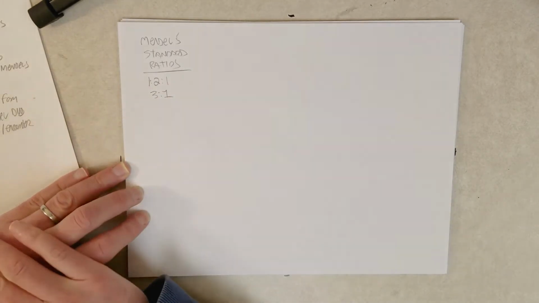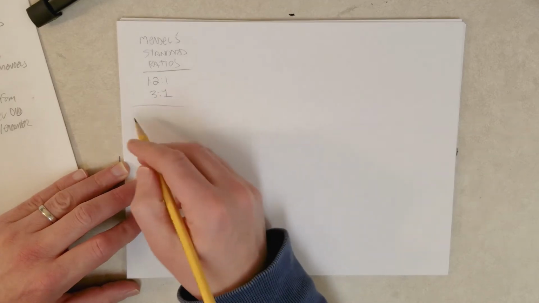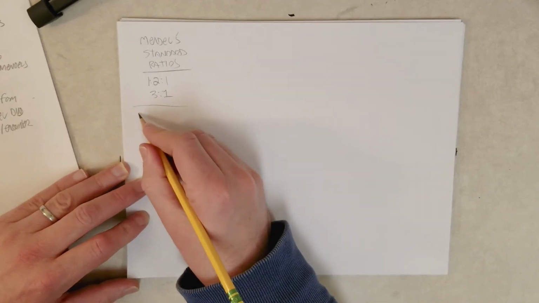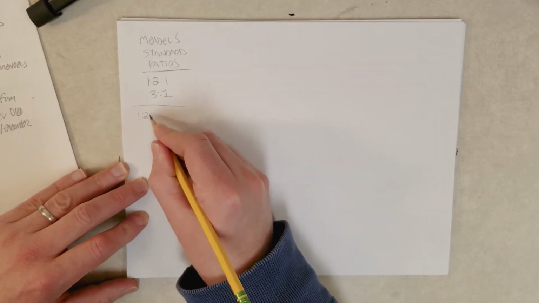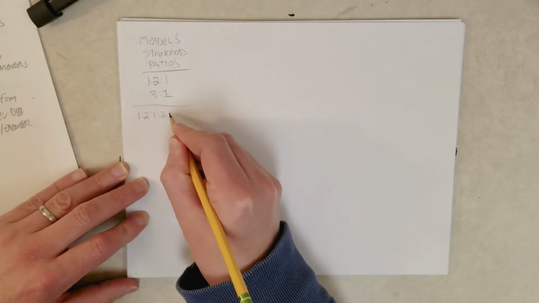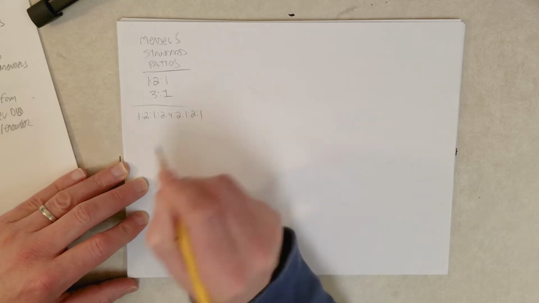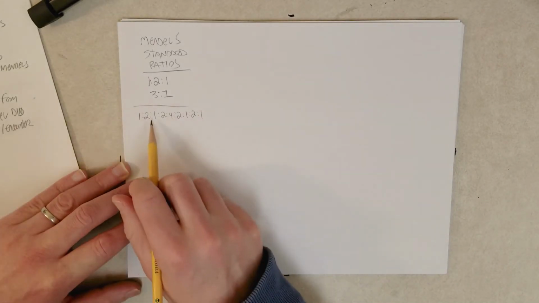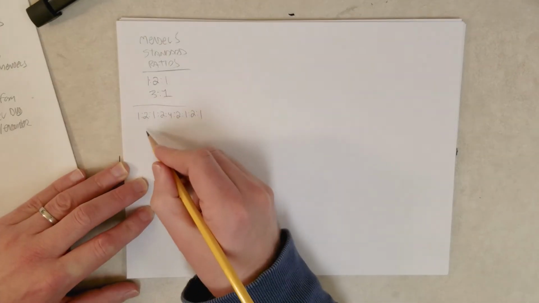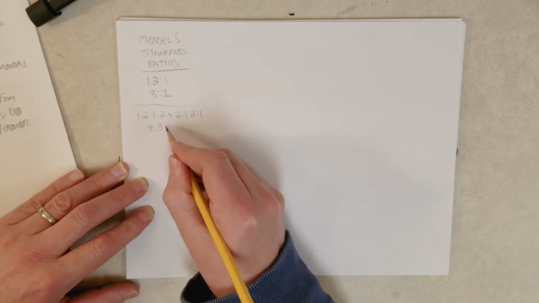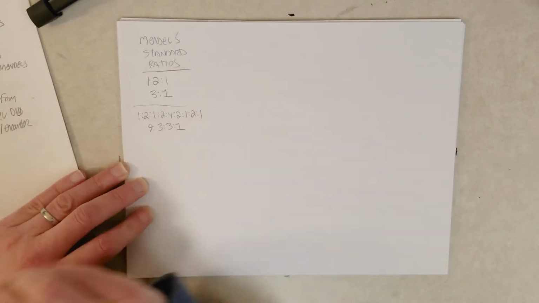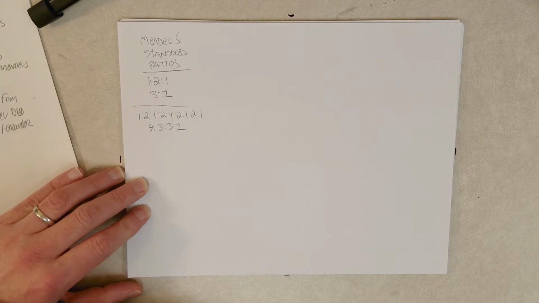Phenotypic ratio is 3:1, and genotypic ratio of the dihybrid cross, right? It's this long one right here, dihybrid cross in the F2 generation. That's the genotypic ratio, and the phenotypic ratio of the same generation is 9:3:3:1.